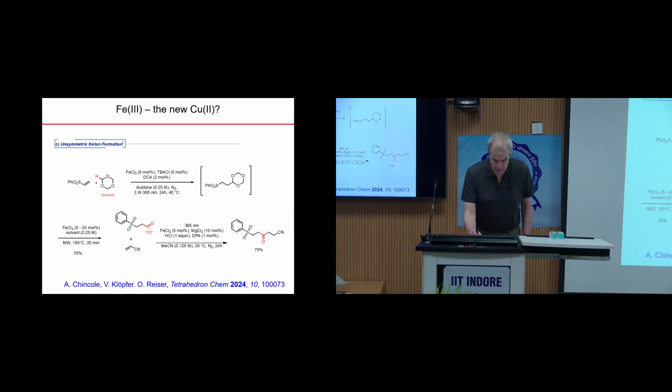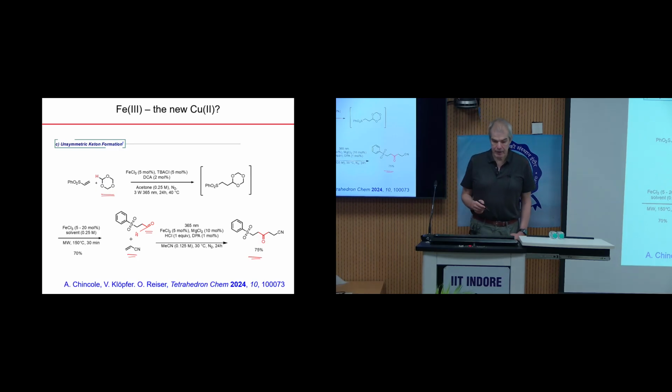And then we utilize this first chemistry I showed you, that we can now in a second photoreaction activate the aldehyde and react it with a second alkene in order to get these two alkenes stitched together through a carbonyl group. And everything is iron, right? So we do the two photochemical steps with iron, and we do the deprotection with iron.